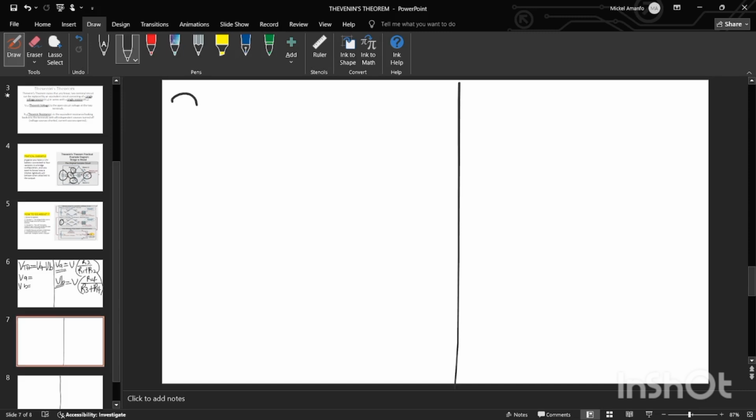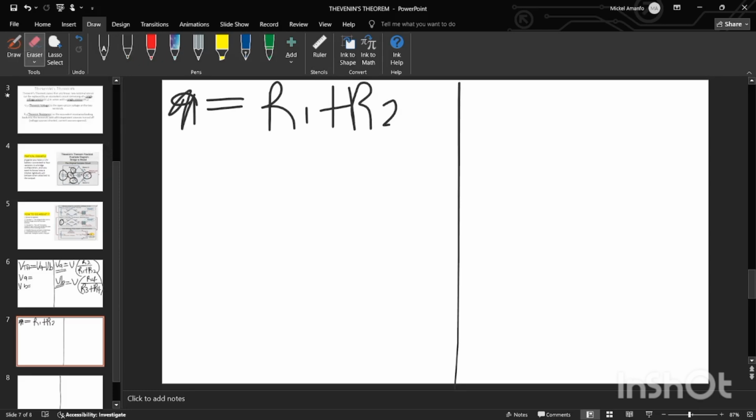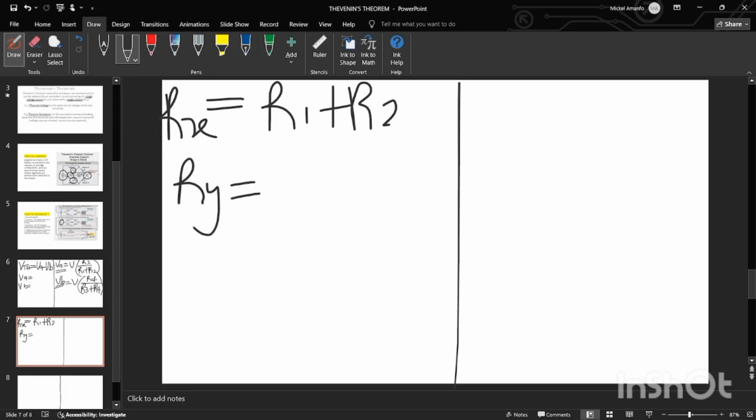First of all, at terminal A, we have to add the resistors at terminal A. I'm naming this Rx. Then I'm naming this Ry, and Ry is adding the resistors at terminal B in series. All these are in series.